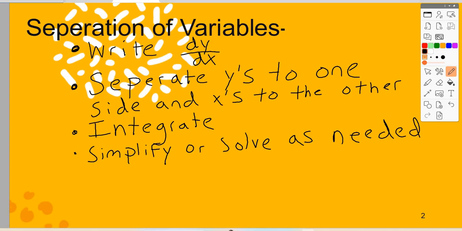Now this gives us our general solution, which remind me has what in it? Constants, yeah. And then the particular solution, what do we have to do?